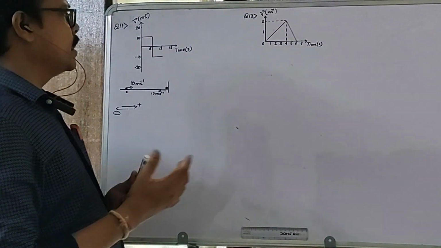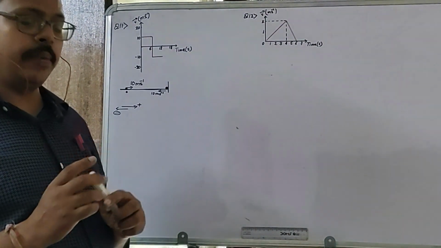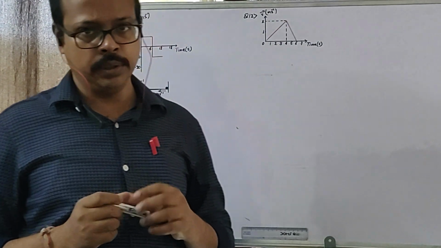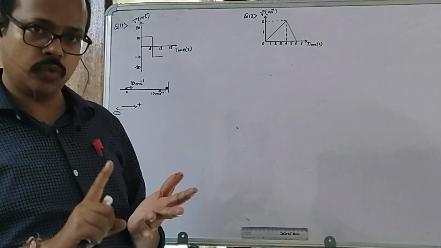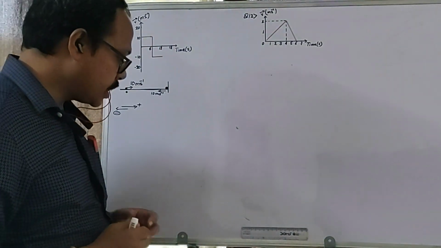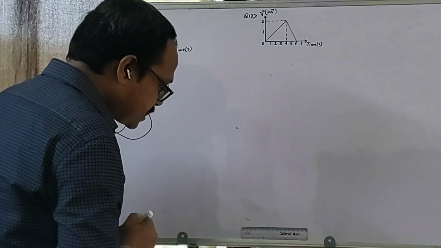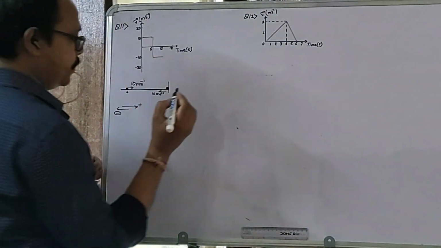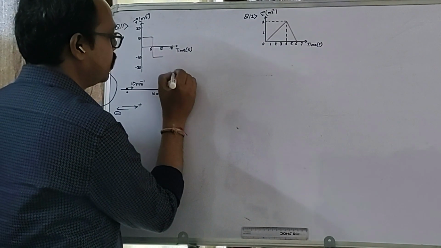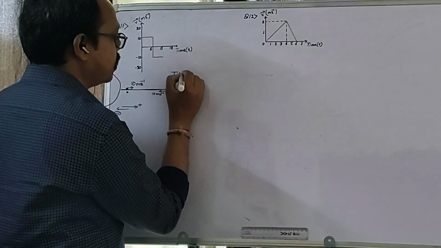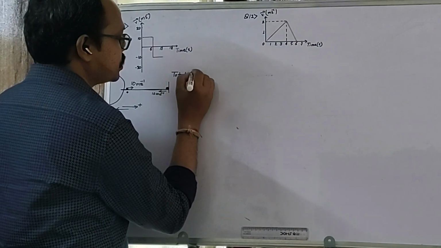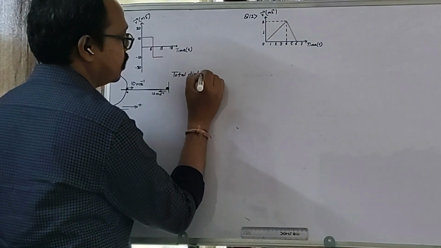As we discussed earlier, with the help of the velocity time graph, we can find out the displacement and total distance. So they are asking us to calculate the total distance traveled by the ball. So we will write: total distance traveled by the ball.